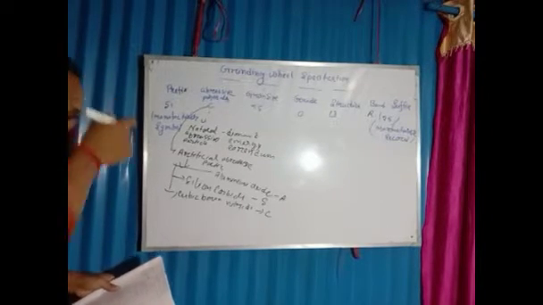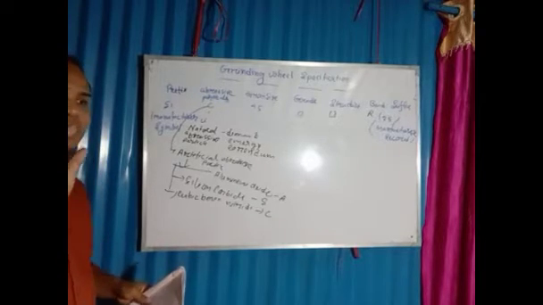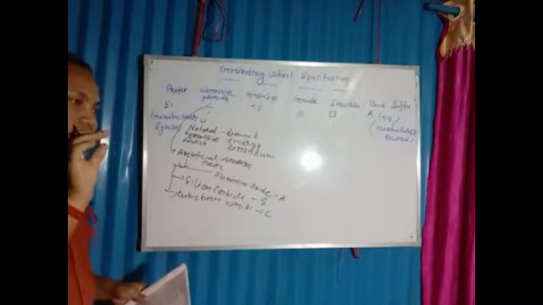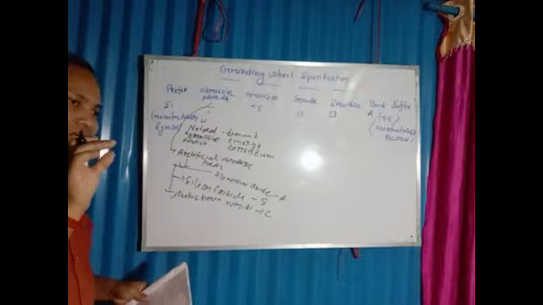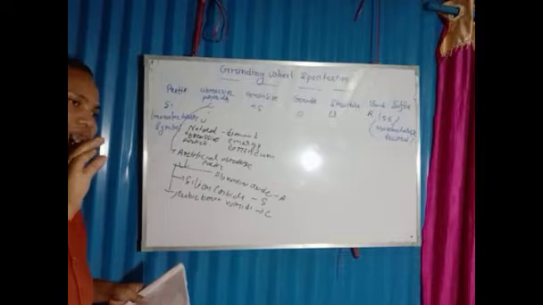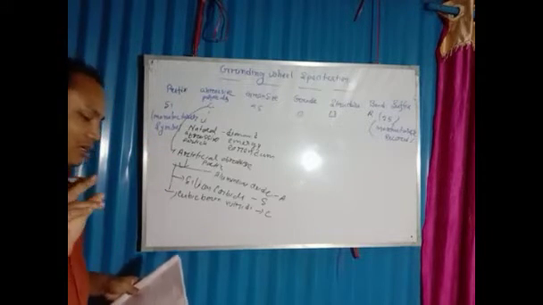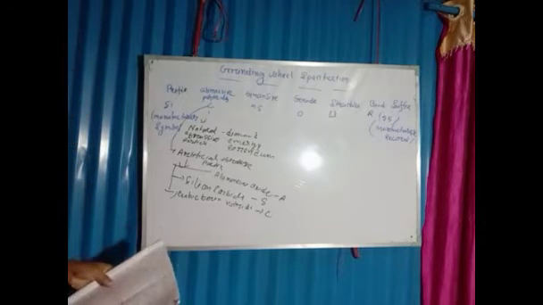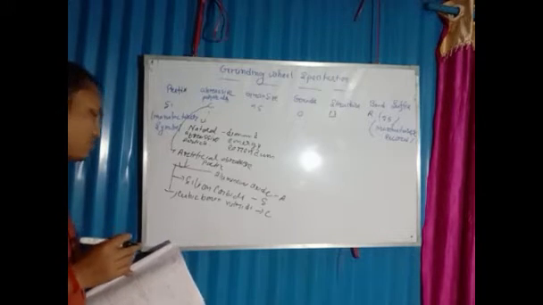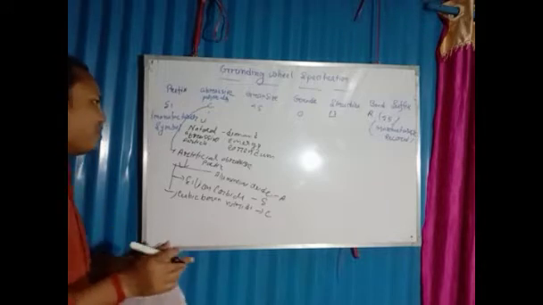Grain size means that among abrasive particles you can see many types, and inside there are many sizes. Some are small and some are big. According to grain size, there are generally four types: coarse grain size, medium grain size, fine grain size, and very fine grain size.